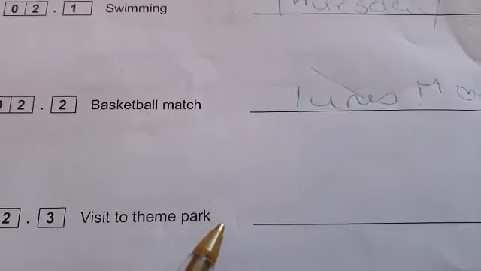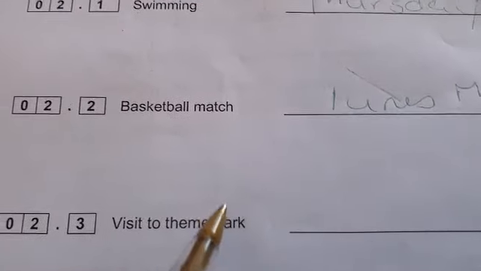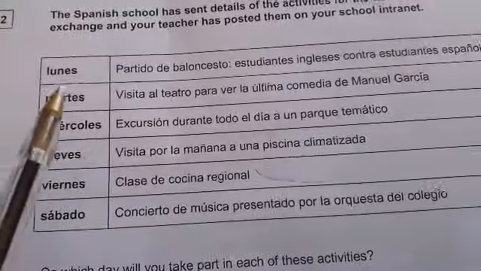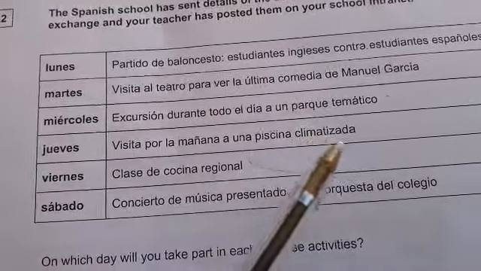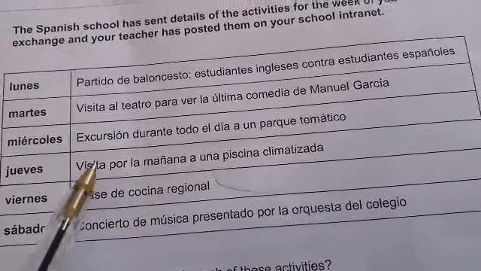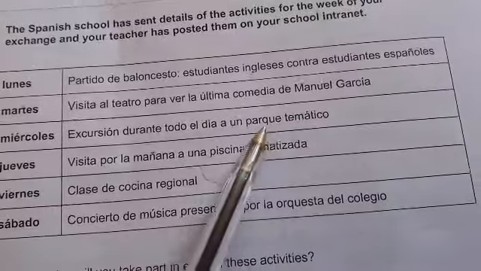Visit to the theme park. Visitar, which would be the same. It looks a lot like the English word. So visit, visitar, and theme park. If you don't know how to say theme park, at least you can think back to parque, which is a familiar word. So we're going to be looking for parque somewhere. Parque. Here.